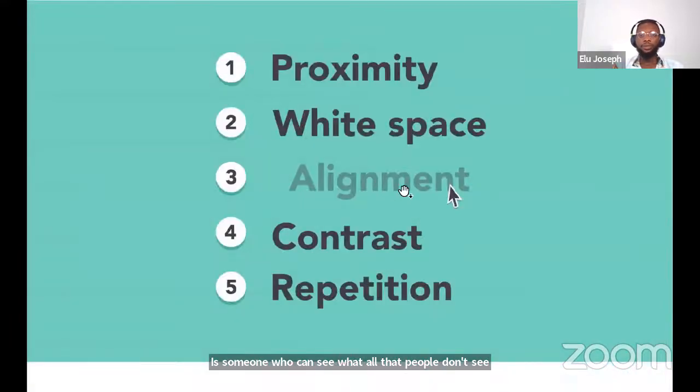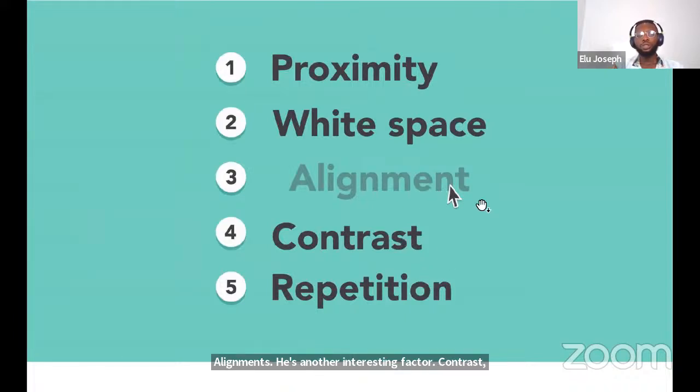Right? Now, proximity is one of those principles. White space, which is another familiar principle in design, plays a part in layout and composition as well. Alignment is another interesting factor. Contrast plays a very good role.